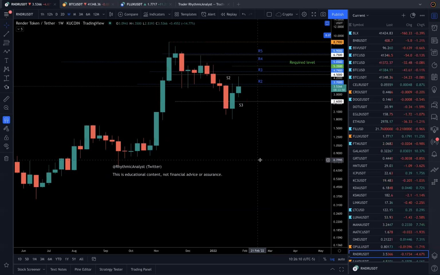Also the use case is solid. They are into distributed GPU, and I like it because it cuts across applications. To me, any project which cuts across multiple applications in the ecosystem has more potential, simply because it's not like a gaming coin where people get bored and your coin is gone.